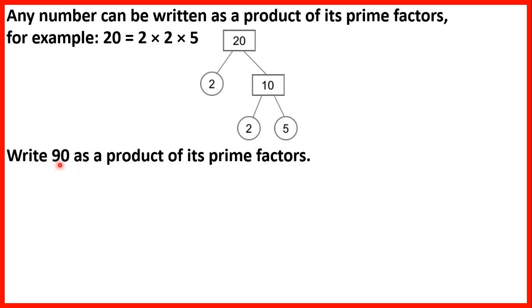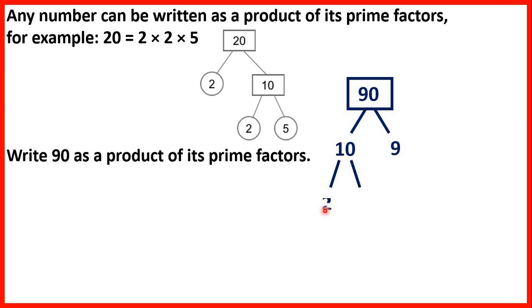Now we need to write 90 as a product of its prime factors. So, like they did with 20, we can write 90 at the top of our factor tree. 90 is 10 times 9, so we can write 10 and 9 below. But 10 is not a prime number. 10 is 2 times 5, so we can write 2 and 5 below.